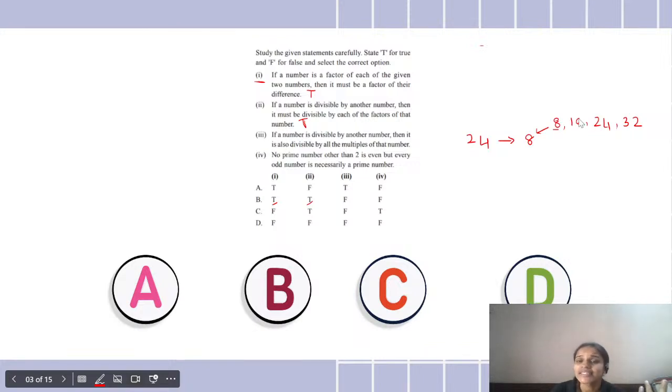So it clearly states that if a number is divisible by another number, then it is also divisible by all the multiples of that number, which is false. नहीं, सारे multiples से ये number divide नहीं हो सकता है, जो कि ये 8 से divide होता है, पर इसका मतलब ये नहीं कि 8 के सारे multiples से वो divide होता है. So it is false statement. Okay, now let's move on to the next statement.